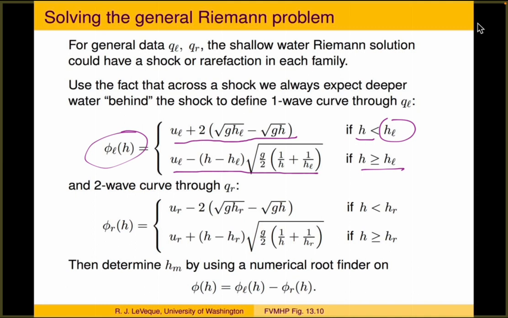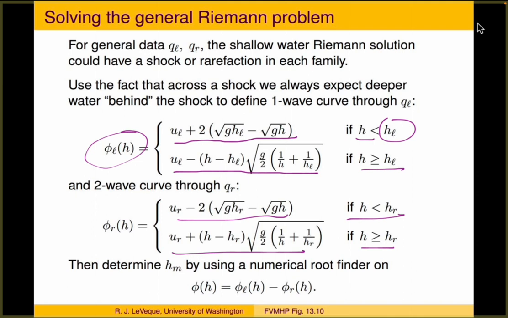And similarly for 2 waves, we either use this equation if h is less than HR, which is the integral curve, or this equation if h is greater than HR, which is the shock Hugoniot curve.